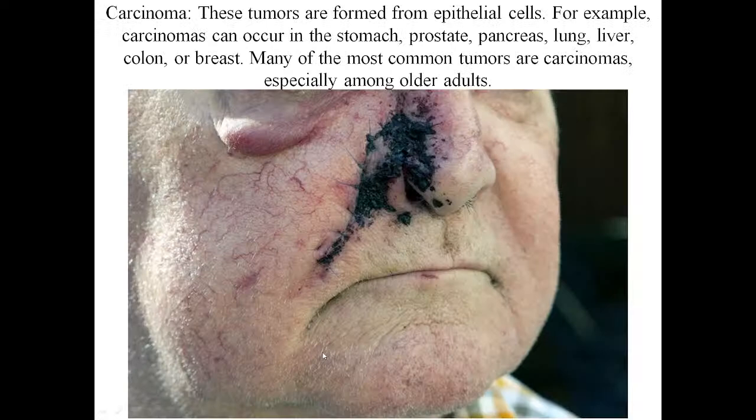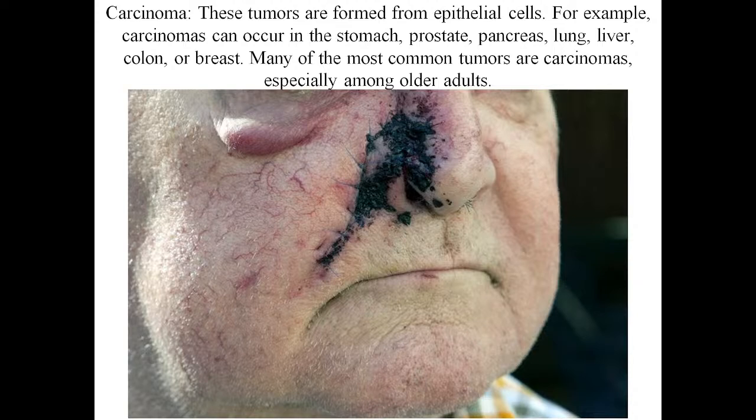Okay. The next type of malignant tumor is carcinoma. These tumors are formed from the epithelial cells. For example, carcinomas can occur in the stomach, prostate, pancreas, lung, liver, colon, or breast.